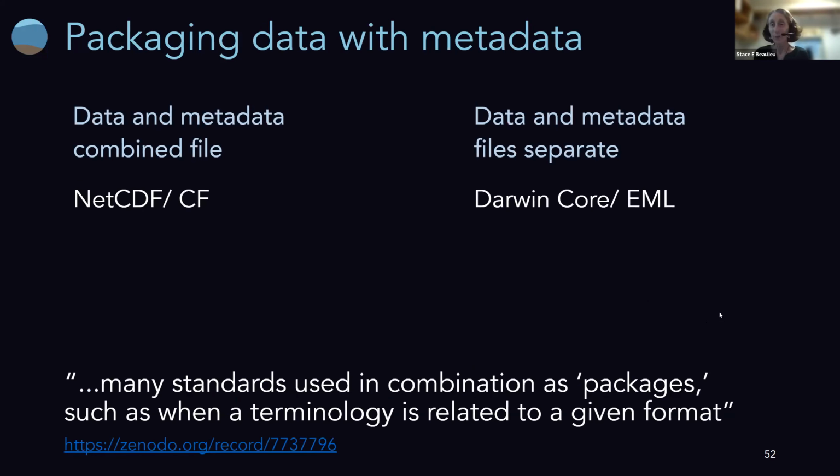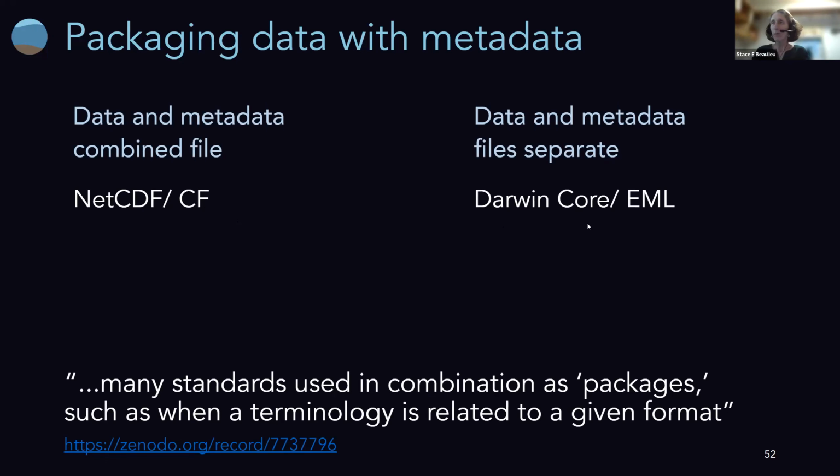So I've already alluded to packaging data with metadata. We've talked a little bit about two different formats, NetCDF and Darwin Core, and they're different in the sense that NetCDF combined with the CF standard names is a way, and I used the word self-describing before, to combine the metadata with the data in the same file.